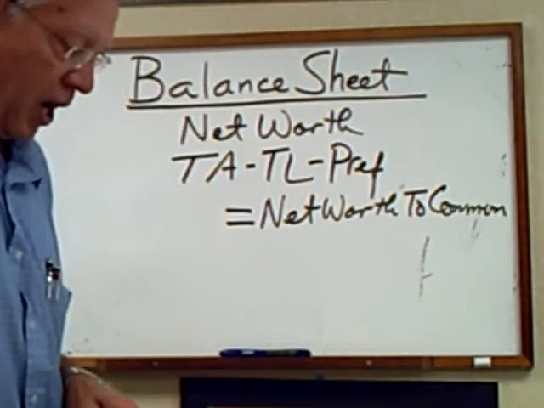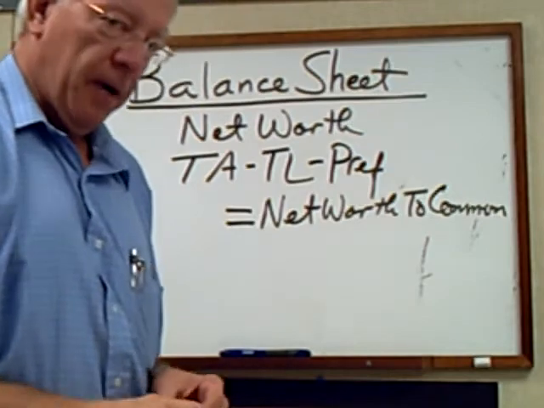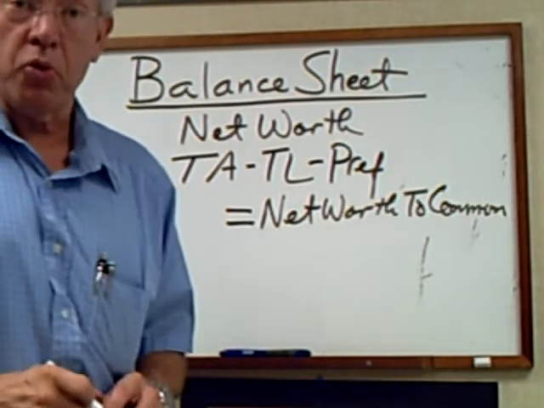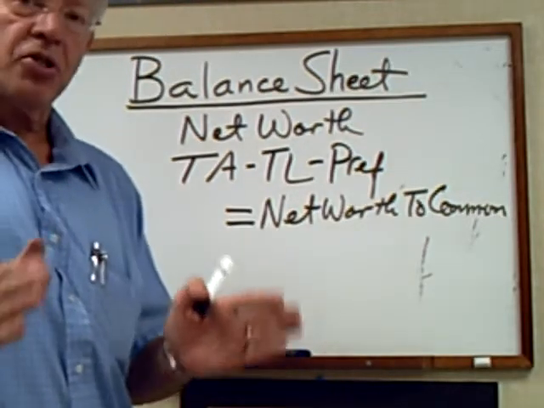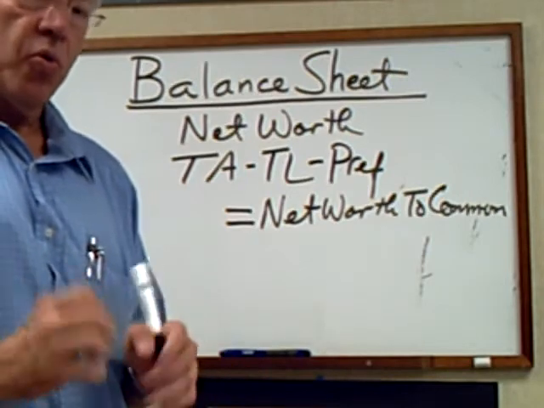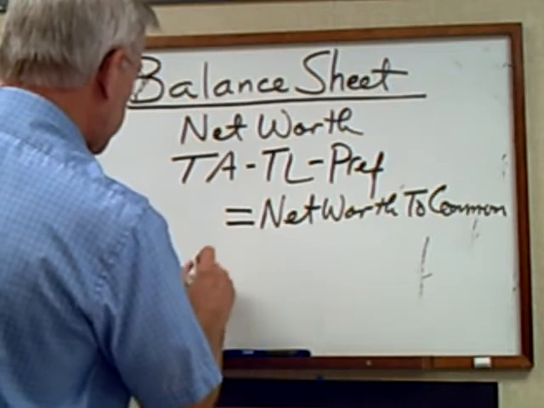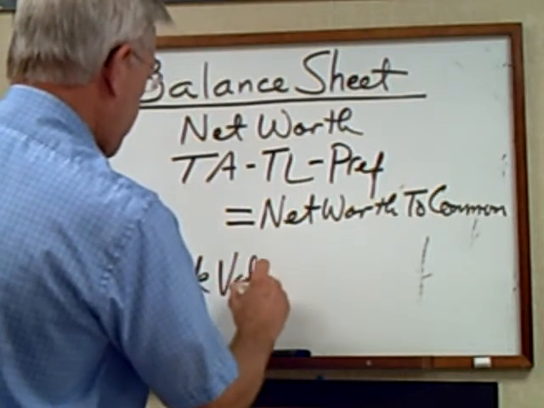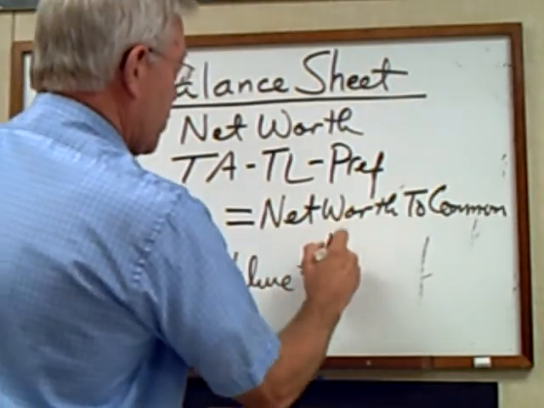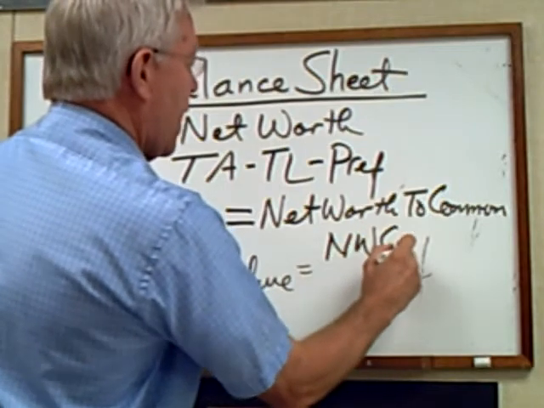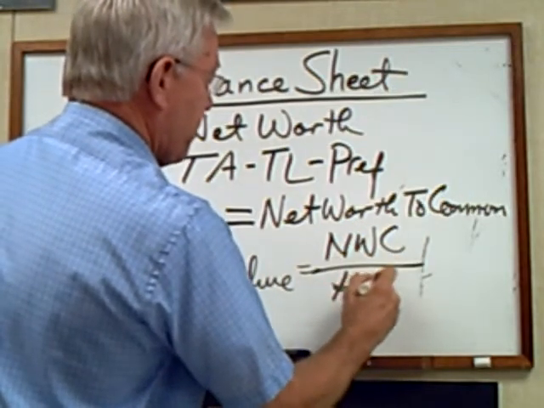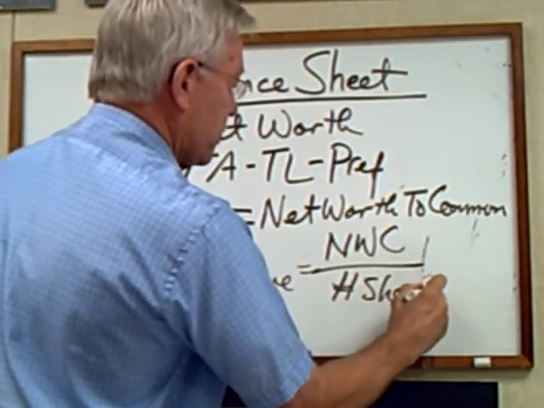The net worth to the common stockholder. This also gets used to compute book value, or how much is each share of that stock really worth. So book value then is equal to net worth to common divided by the number of shares.